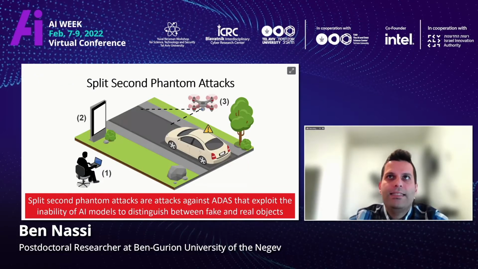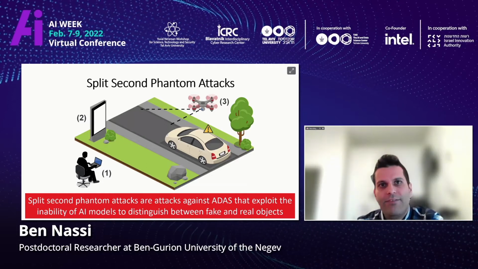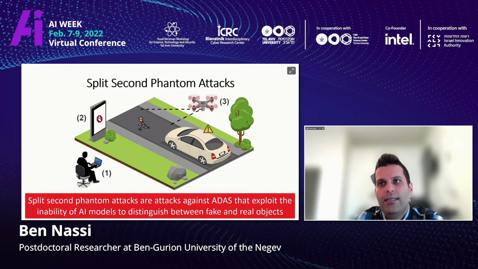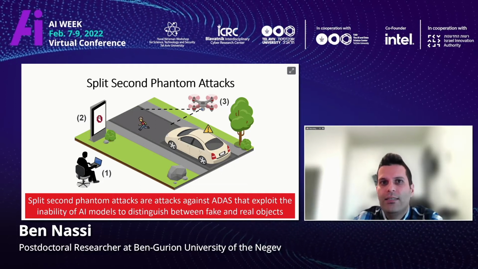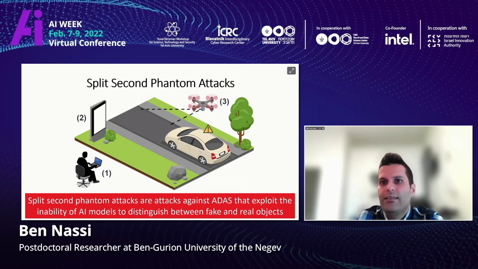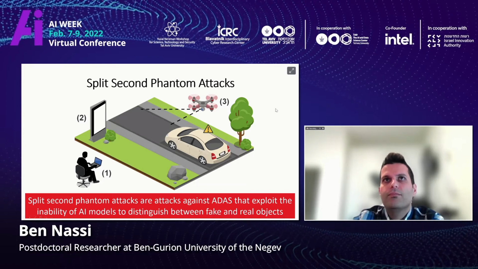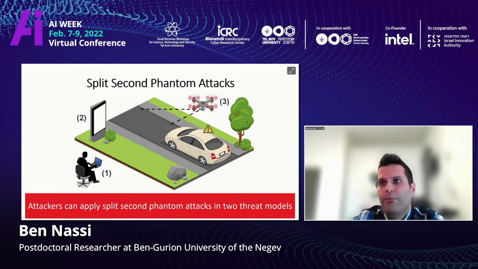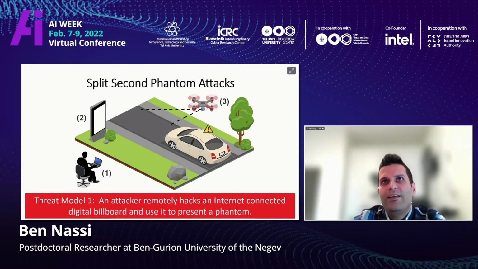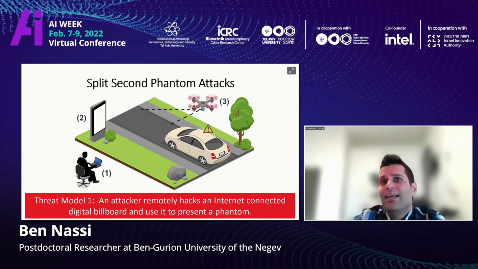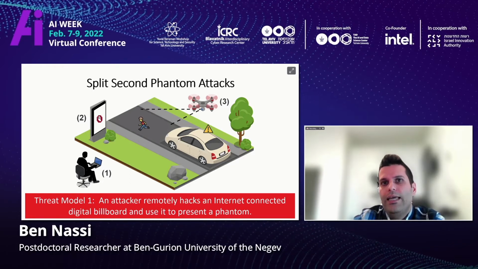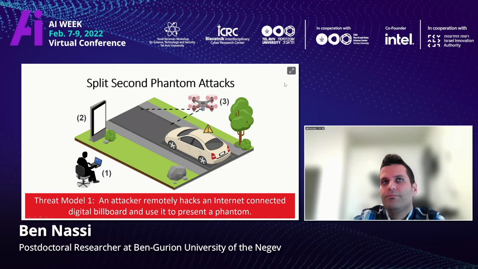Now let's discuss split-second phantom attacks. Split-second phantom attacks are attacks against advanced driver assistance systems that exploit the inability of AI models to distinguish between fake and real objects. Attackers can apply split-second phantom attacks in two primary threat models. In the first threat model, the attacker remotely hacks an internet-connected digital billboard and uses it to present a phantom.